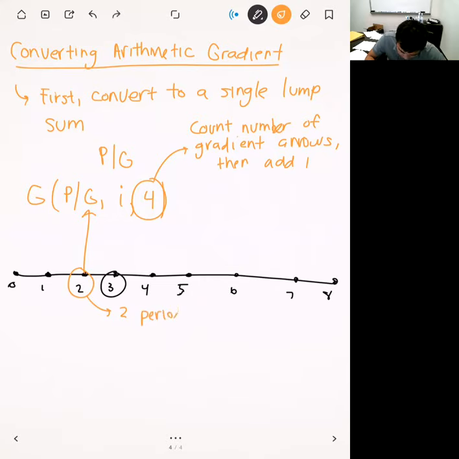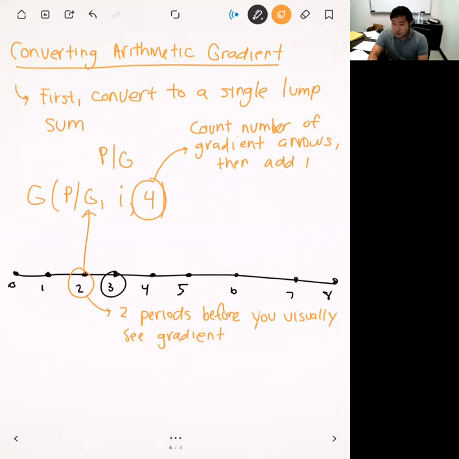2 periods before you visually see the gradient. Okay. Right.